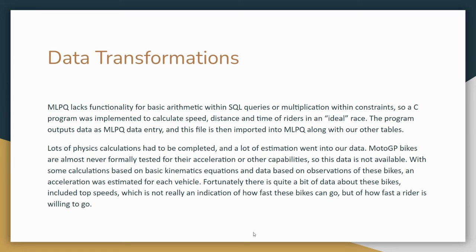But we did some calculations based on basic kinematics equations and data that we observed from watching videos of these bikes, and we estimated an acceleration for each vehicle. There's also, fortunately, quite a bit of other data about these bikes, including top speed, which isn't really an indication of how fast these bikes can go, but of how fast a rider is willing to go on these bikes.